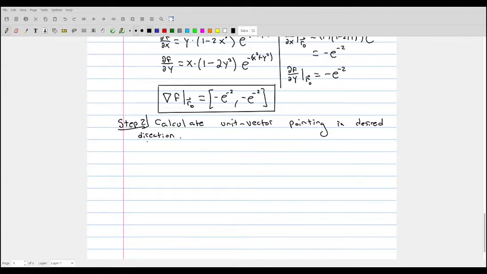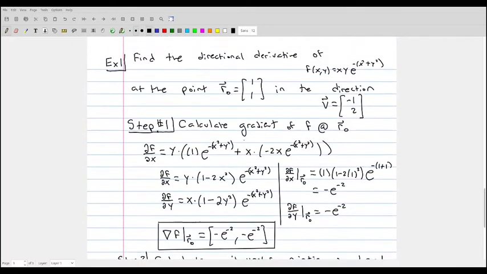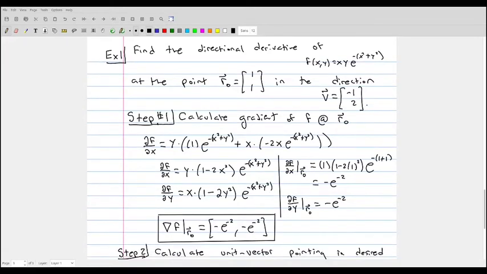This is the direction that we're calculating the directional derivative in. So in this case, the direction that we want the directional derivative in is this direction right here.